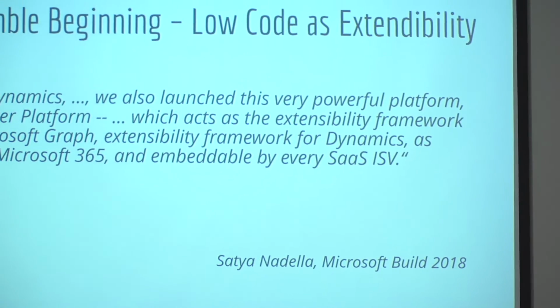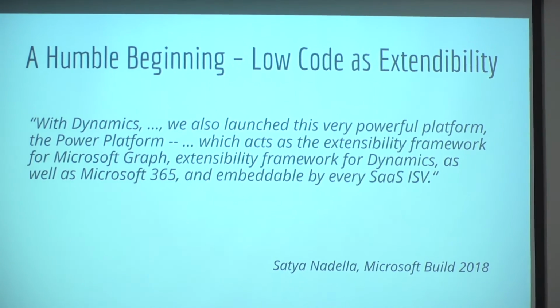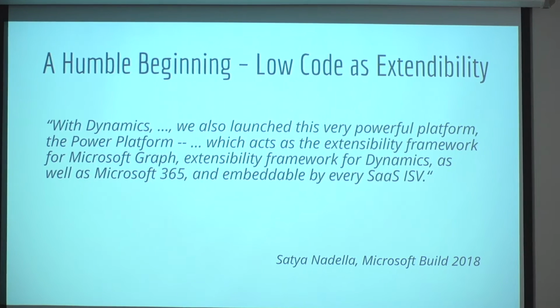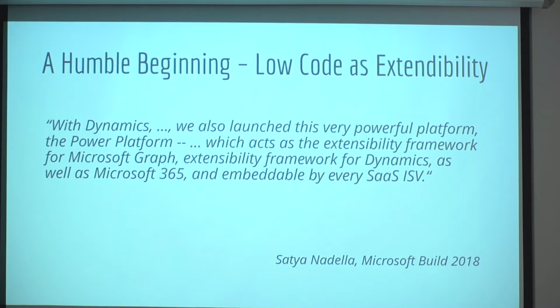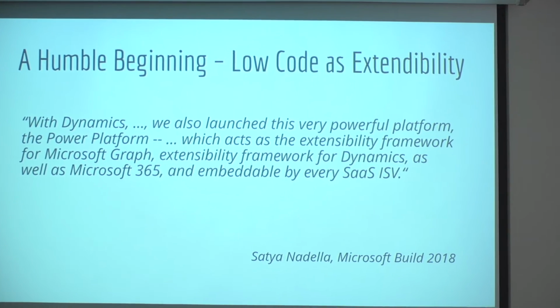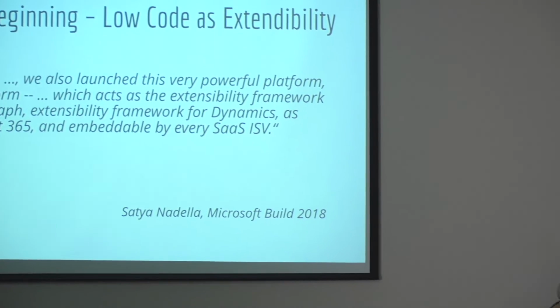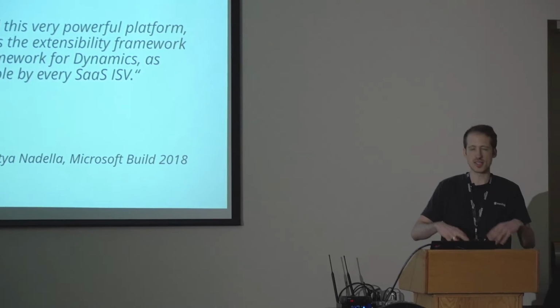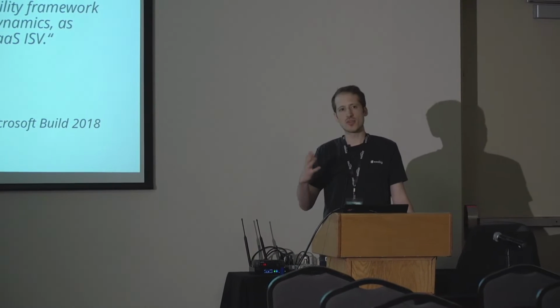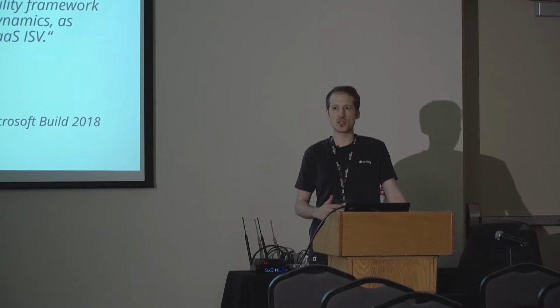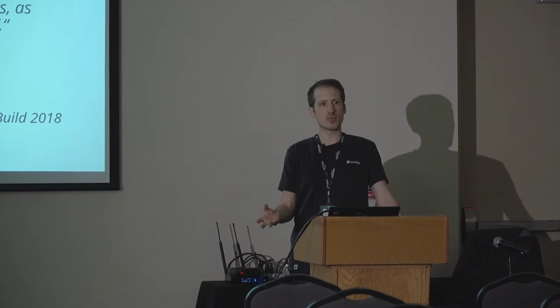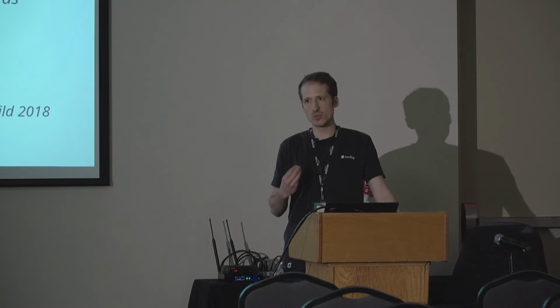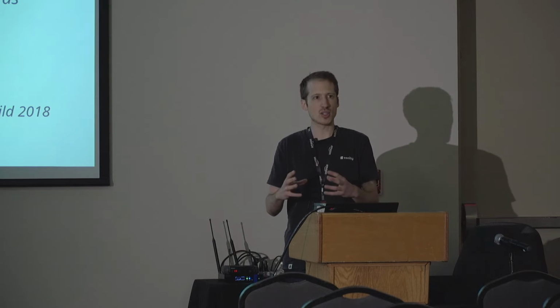You can see that the way he talks about low-code is very much about extendability. This is nothing about business enablement. This was mostly a way for Microsoft to help their partners build things around Dynamics, so extend Dynamics. And you can see the same thing with Salesforce, right? Salesforce has a bunch of different extendability features, Apex code, a whole bunch of features that are basically around customizing your CRM.